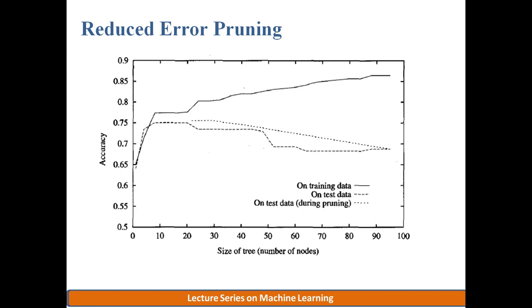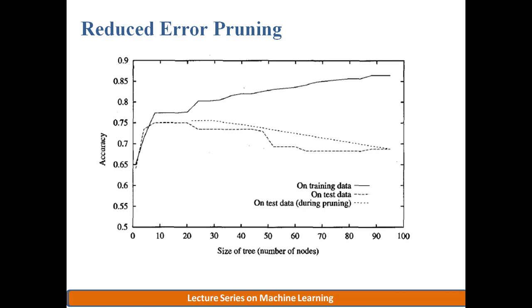That is the effect of pruning on the test data. This figure depicts that when pruning begins, the tree is at its maximum size and lowest accuracy over the test set. As pruning proceeds, the number of nodes is reduced and accuracy over the test set increases.